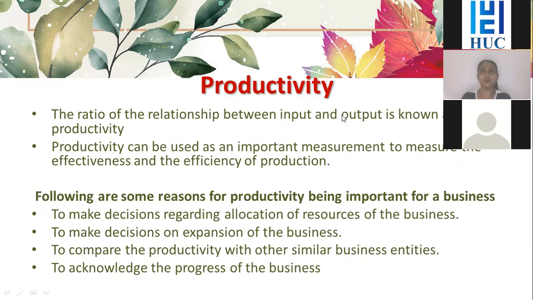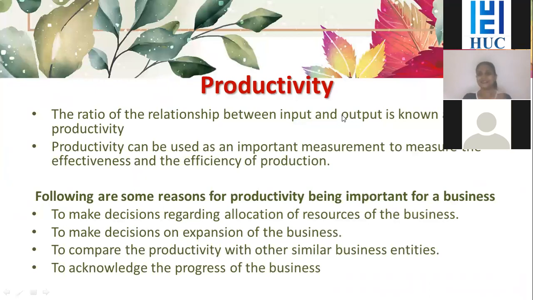So what you can do is make decisions, right? You can decide how to improve the efficiency and productivity of the labors. For example, you can decide, okay, we will give some more training. We will motivate them.